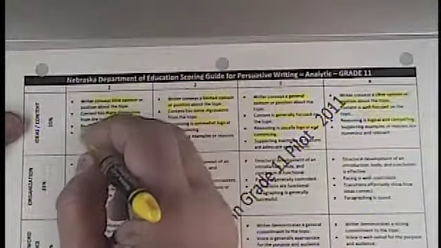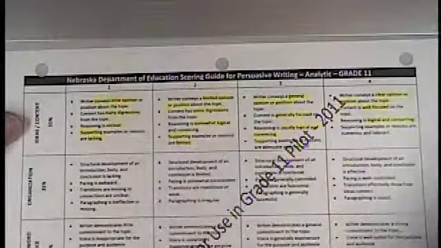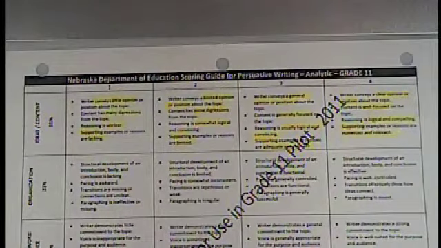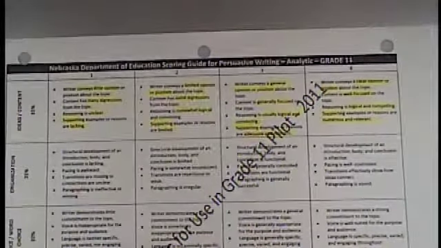Here we go. Support lacking, support limited, support adequate and relevant, support numerous and relevant. And I would continue on down my rubric, doing each one of the domains here and working with that.